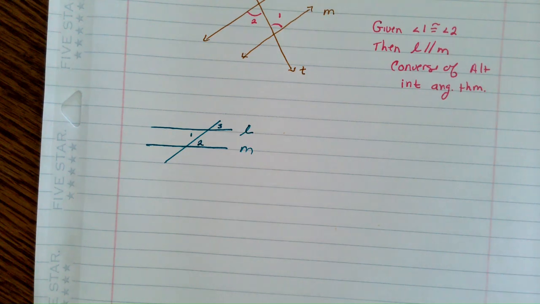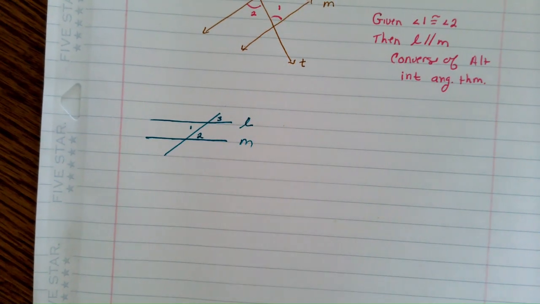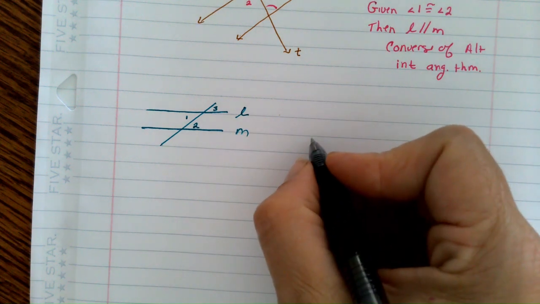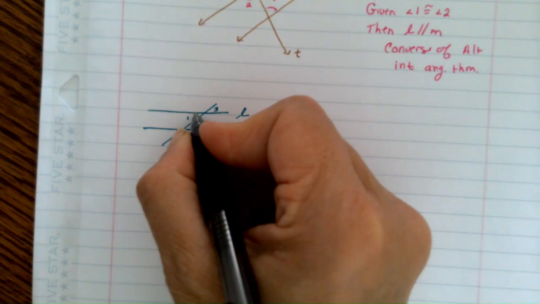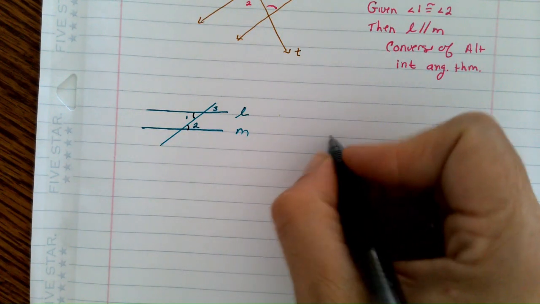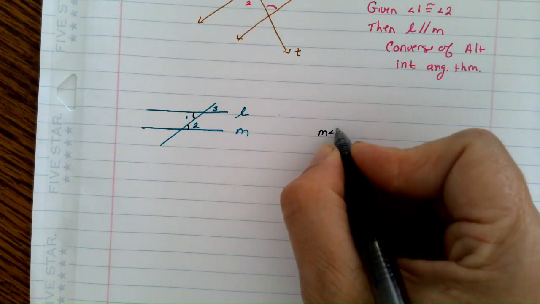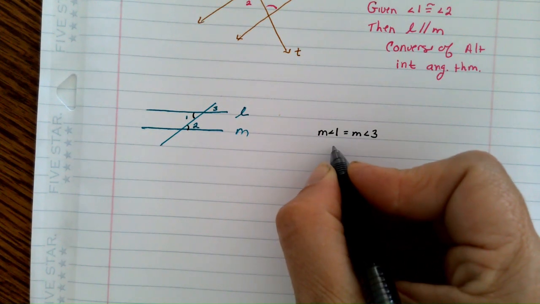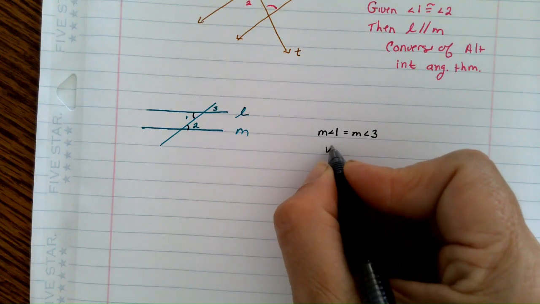I'm going to do this slightly different than the last one. We know, based off the given, and I'm actually going to mark these, okay? We know the measure of angle 1 is congruent to the measure of angle 3, and that's because of vertical angles.